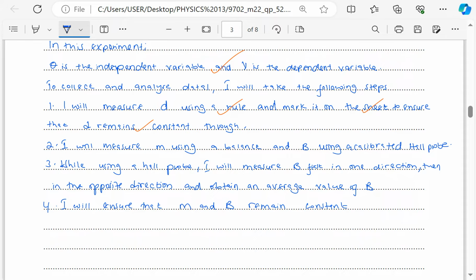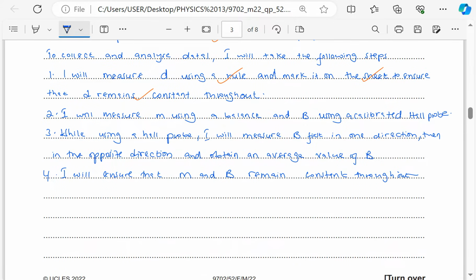So the mass and the magnetic flux density should remain constant throughout. Because if they don't remain constant, then... what is the spelling of throughout? It is throughout. Okay. So M and B should remain constant throughout so that they don't affect the results.